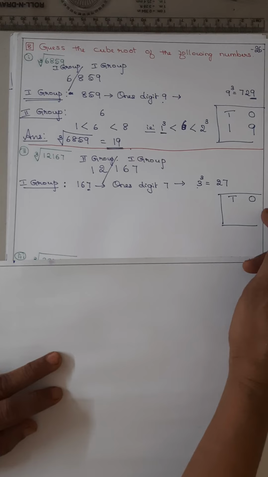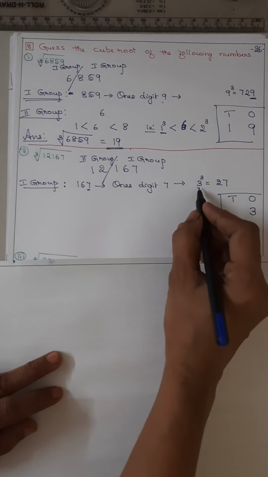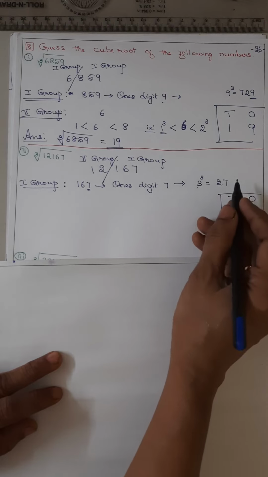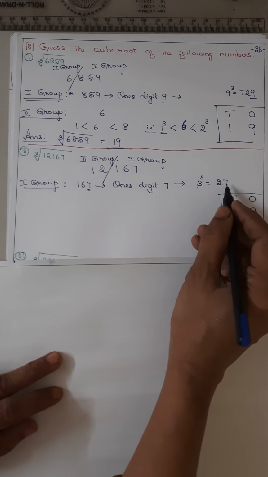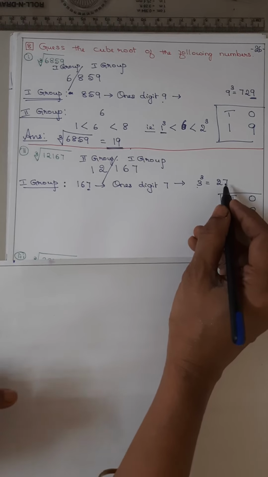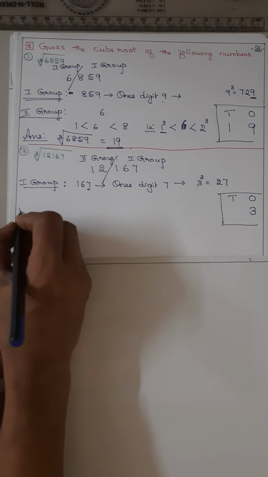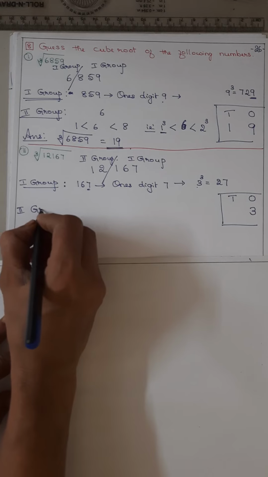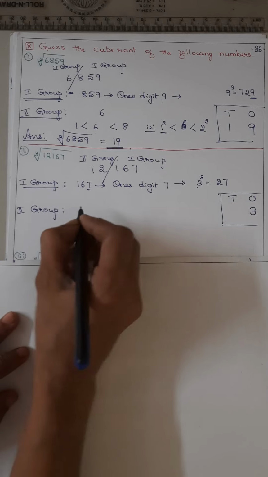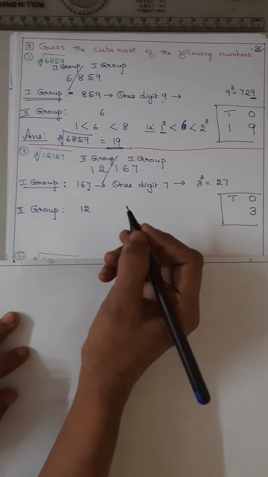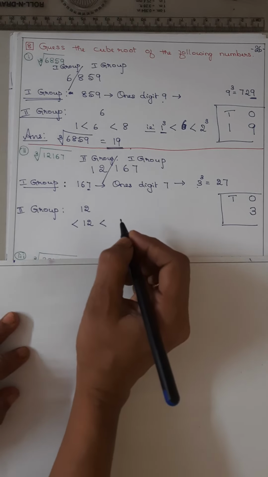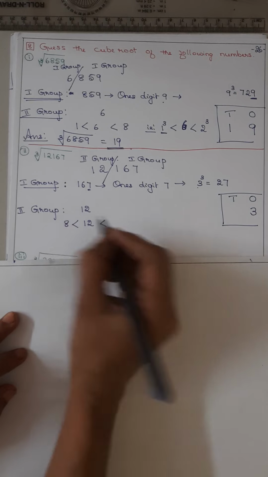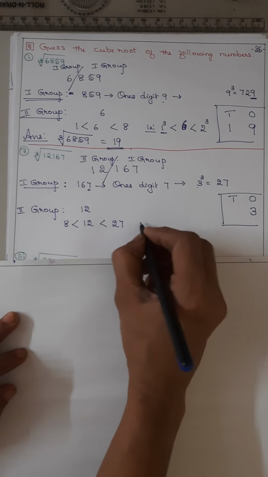वंस के प्लेस में क्या नंबर आएगा? 3. क्यों? क्योंकि 3 क्यूब इज 27. सो 7 किसके क्यूब के वंस प्लेस में है. ओके. नाउ सेकेंड ग्रुप में आया नंबर 12. नाउ 12 इज बिटवीन which 2 cubes? It is 8 and 27.